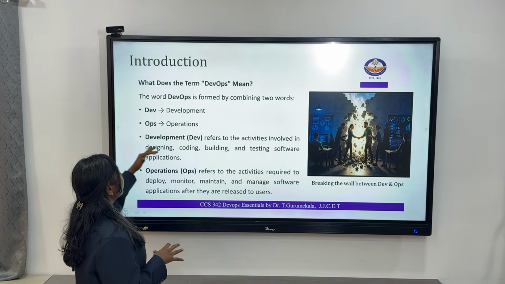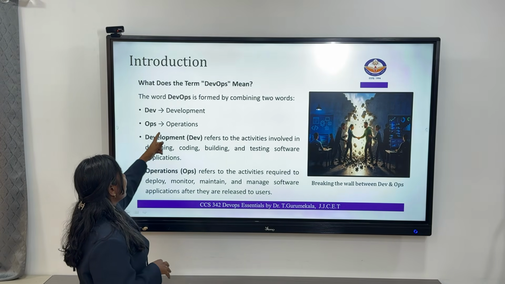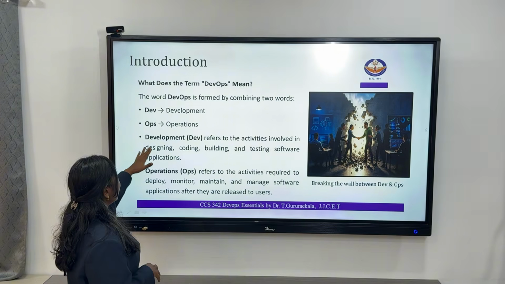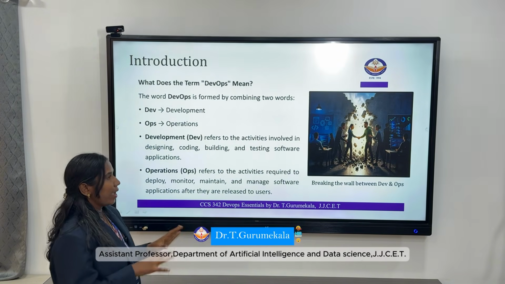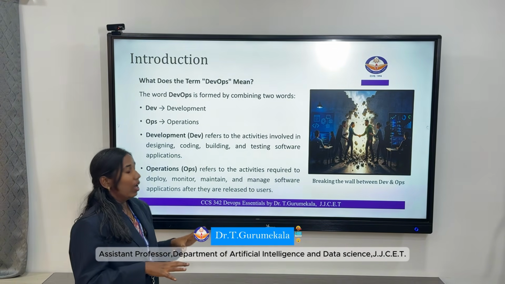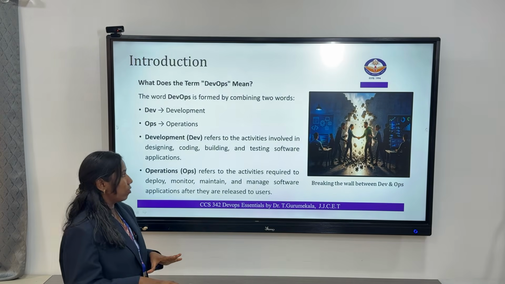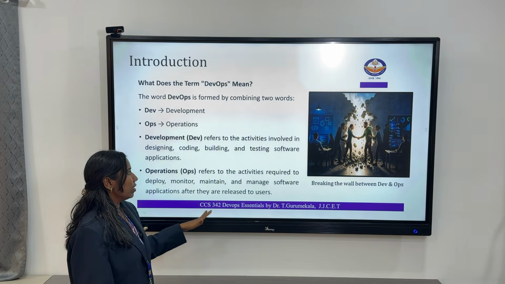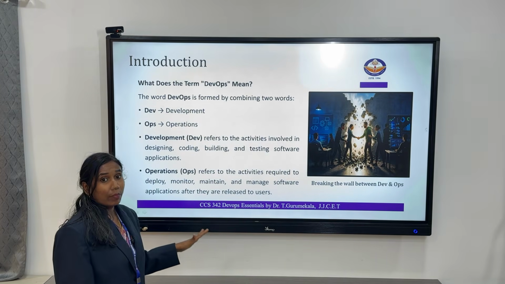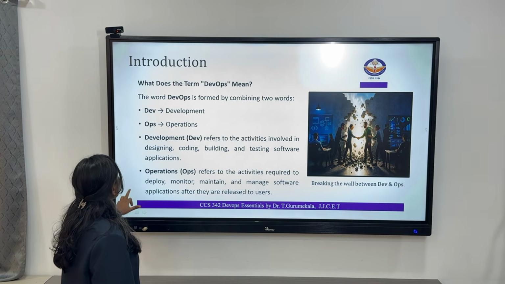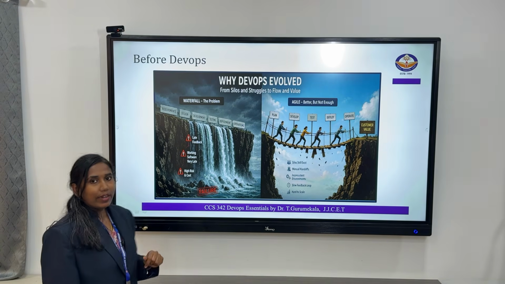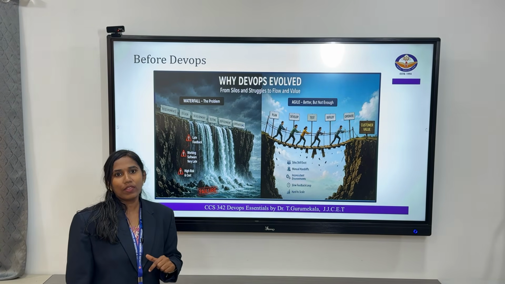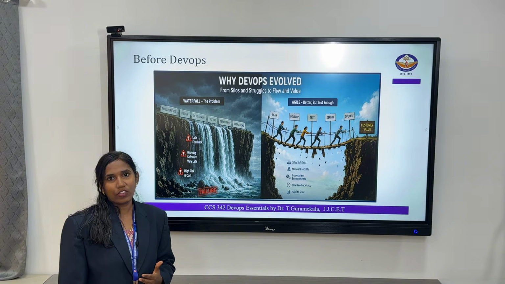Dev stands for development, Ops stands for operations. Development refers to all the activities involved before the software deployment process, and operations refers to all the activities involved after the software deployment at the user end. Currently we are using the DevOps system for creating software applications.